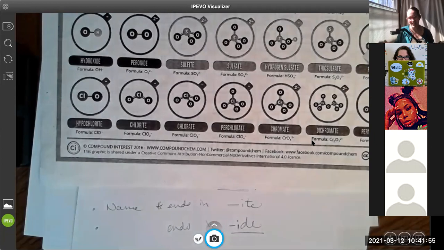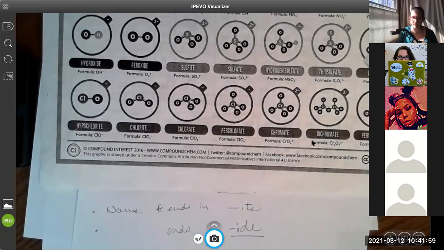Is there anything on this page, our polyatomic page, that ends in ide? Oh my gosh, well, you're right. Cyanide and peroxide. Cool.